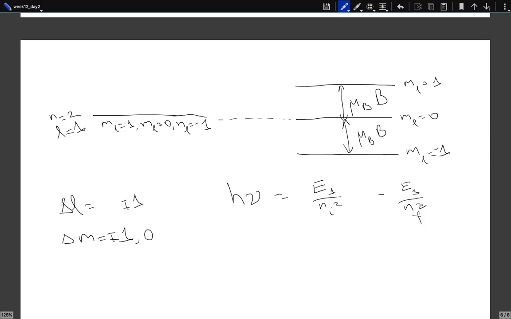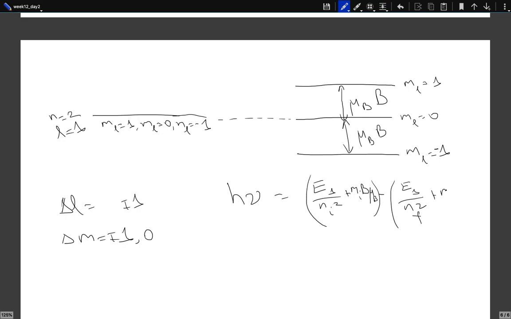Now if we turn on the magnetic field, that is no longer the initial energy. The initial energy is plus m initial times B times mu B. This is the initial energy.